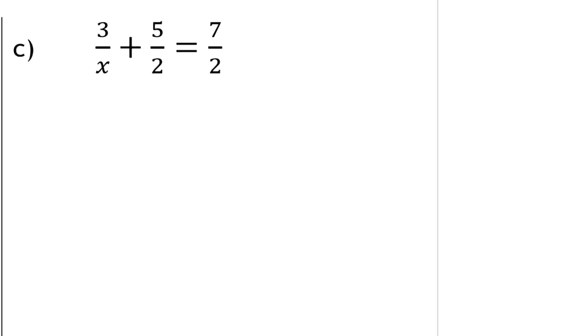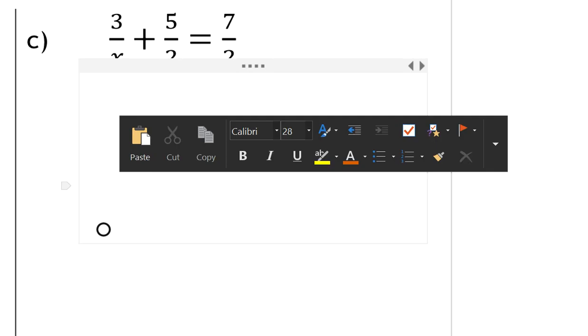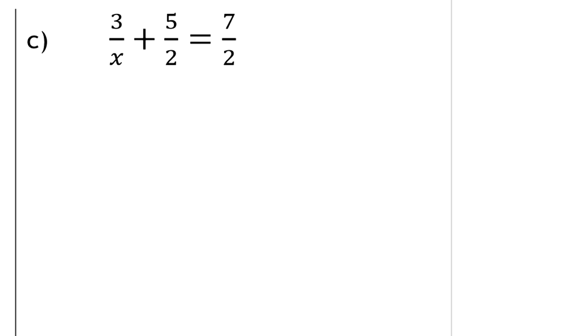Finally, for this last problem, I'm going to use fraction busters, and I'm going to multiply both sides by 2x. To do that, I'm going to space it out a little bit. So I've got 3 over x plus 5 over 2, and that equals 7 over 2.